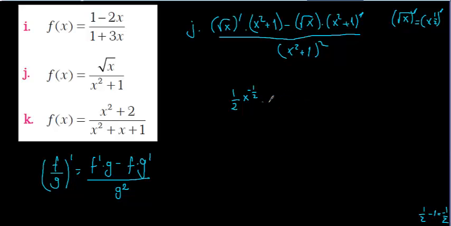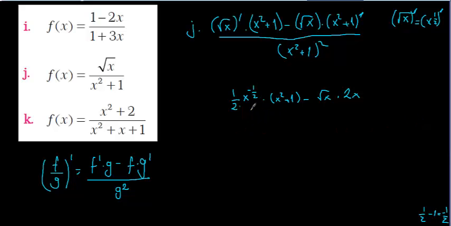Then times x squared plus 1, minus root of x again times the derivative of x squared plus 1. I forgot to take the derivative of x squared, which is 2x, it must be.